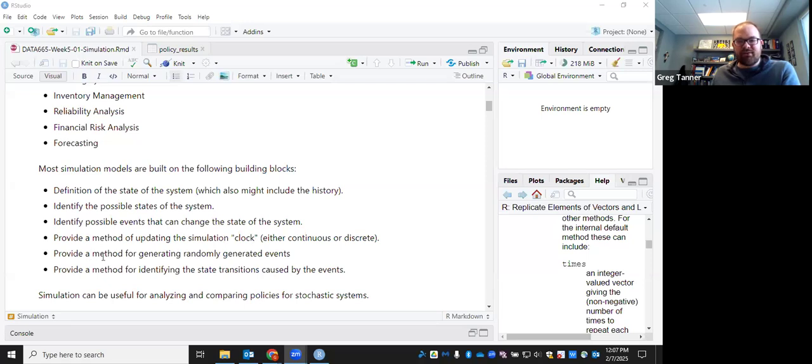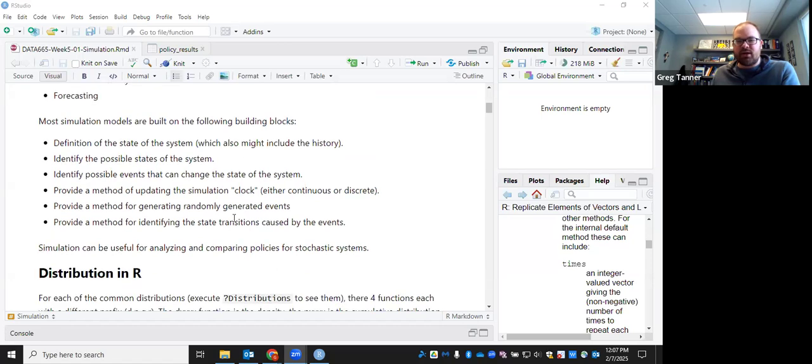You need to have a method of generating those random events that can change the state of the system. And so having some working knowledge of probability distributions will be useful. And then when you generate those events, you need to identify how that changes the state of the system. For most simple systems, it's pretty straightforward, but sometimes it's not 100% straightforward.